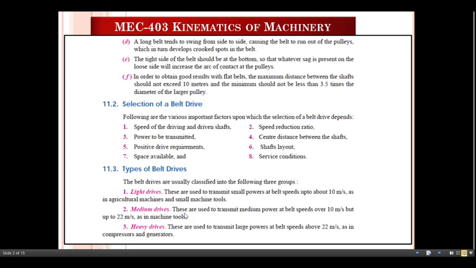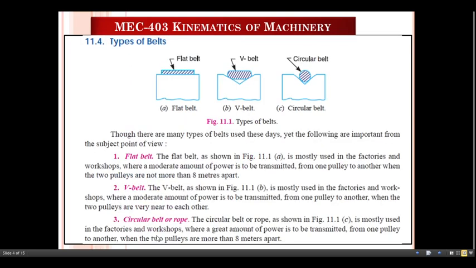Medium drives are used to transmit medium power at belt speeds over 10 meters per second but up to 22 meters per second, as in machine tools. Heavy drives are used to transmit large power at belt speeds above 22 meters per second, as in the case of compressors and generators.